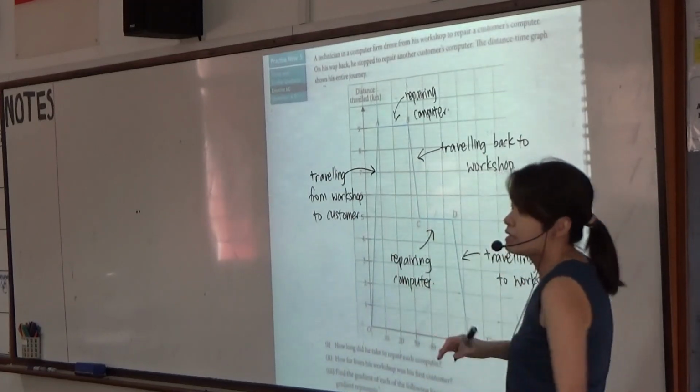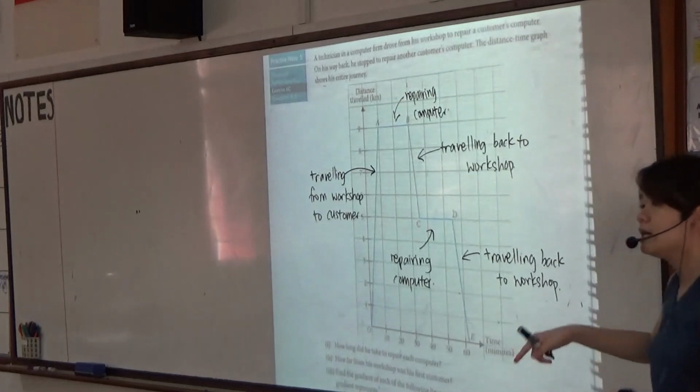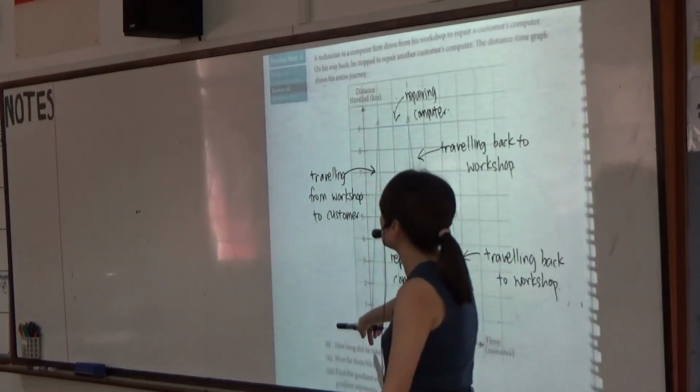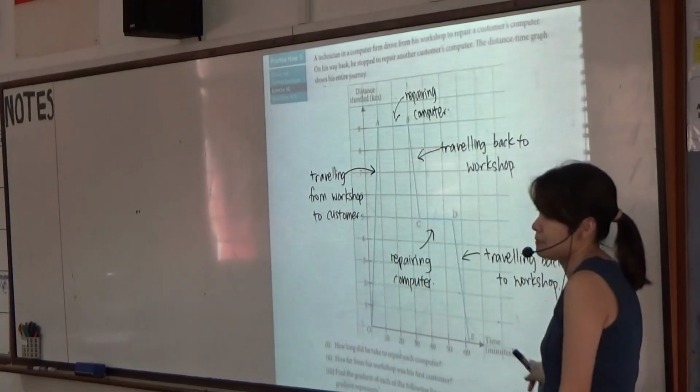So all the different line segments over here represent the kind of motion that he's going through from his workshop, all the way to repairing people's computers, and then after that coming back.